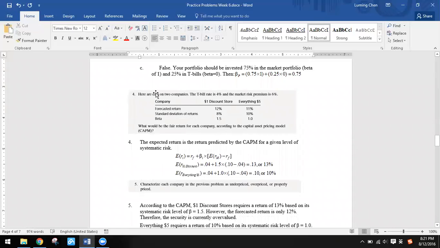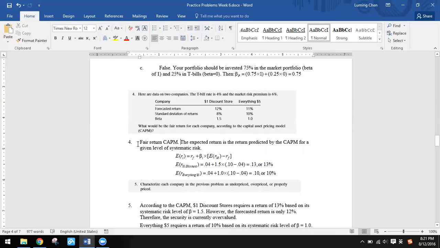Here are data on 2 companies. The T-bill rate is 4% and the market risk premium is 6%. Company 1 is called $1 Discount Store and company 2 is called Everything $5. What would be the fair return for each company according to the capital asset pricing model, CAPM? So the fair return is the expected return implied by the CAPM.